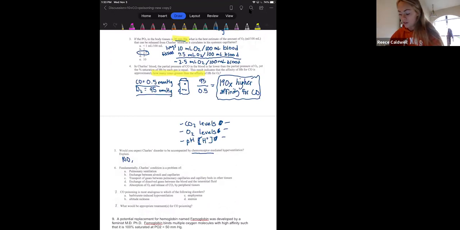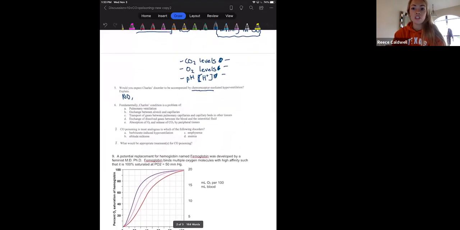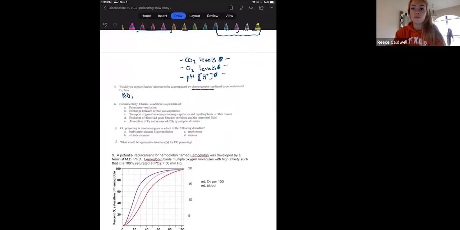Okay, cool. So number 6, we are looking at Charles, what this condition is, where it's occurring, and the steps of ventilation. And the answer here is C, because the main issue is occurring in the blood.